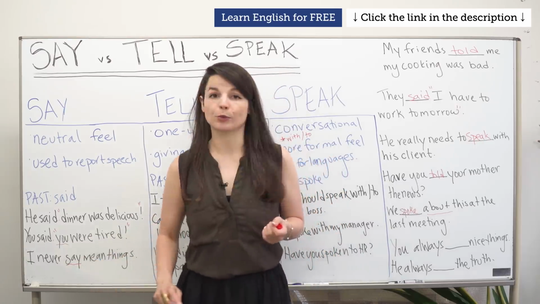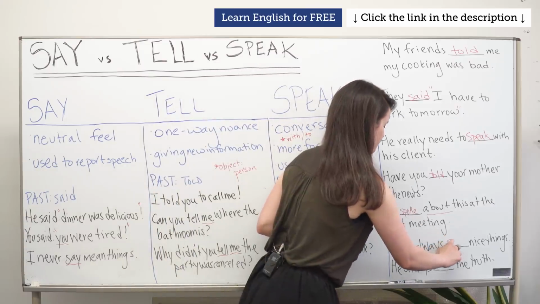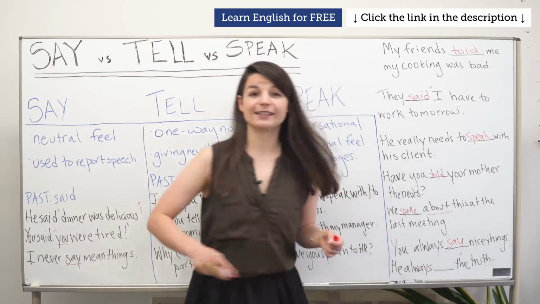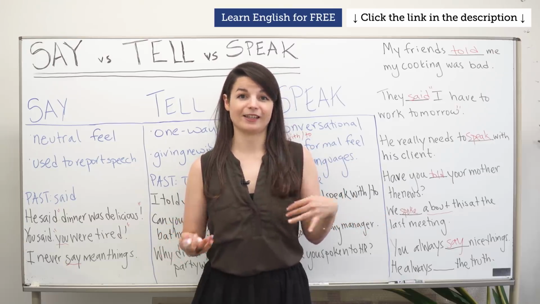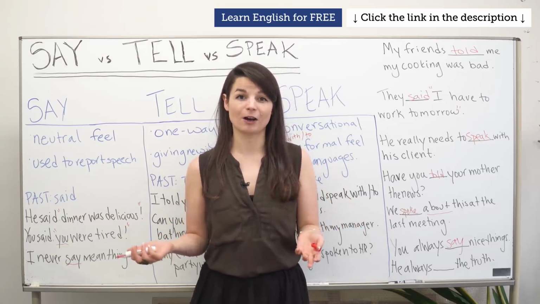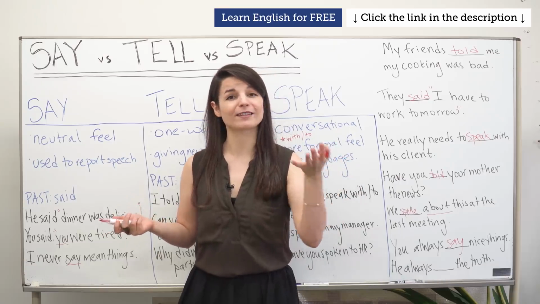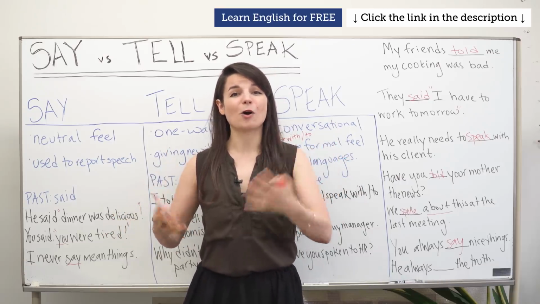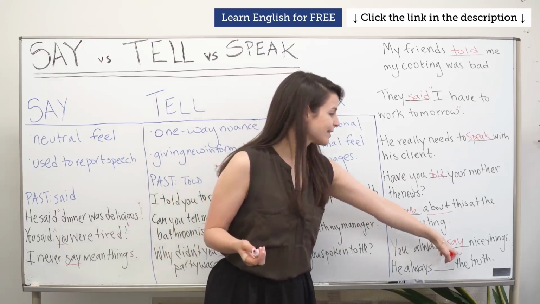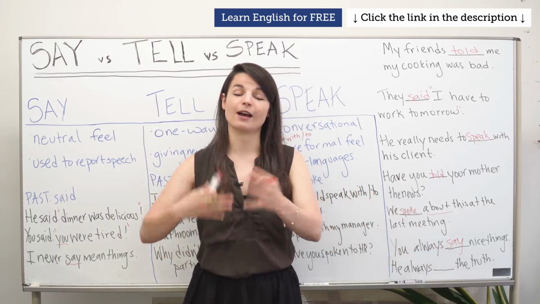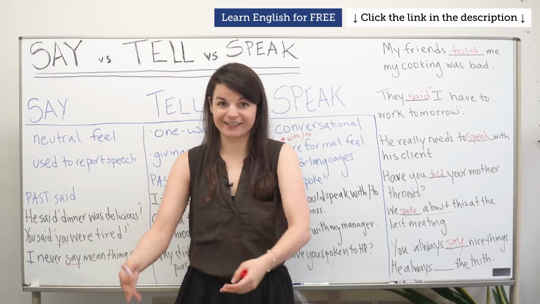So let's use the present tense, say. You always say nice things. So someone always says positive things, or someone always makes very positive comments. Like for example, everybody in the comments on these videos always says very nice things. We can use always say to talk about something that a person always says.